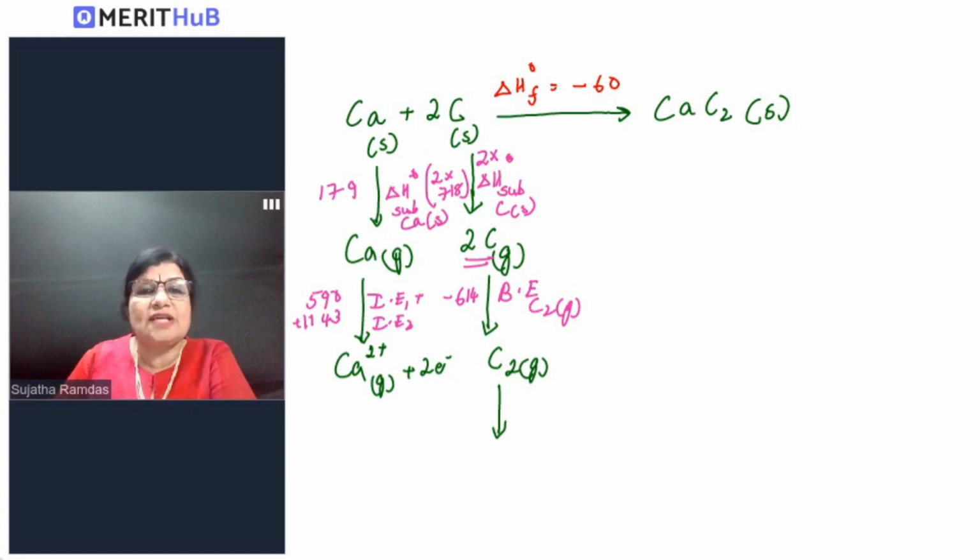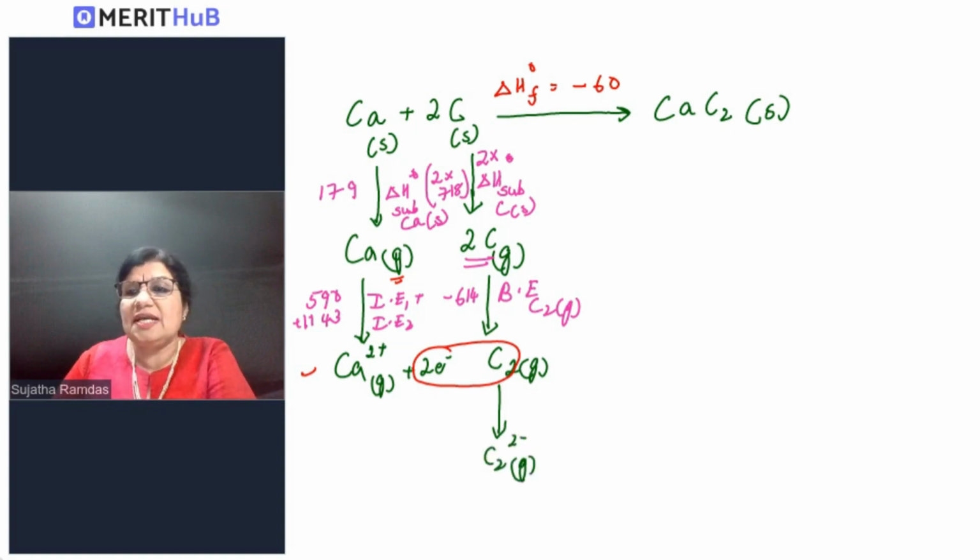Those two electrons are already made available during the loss of electrons from gaseous calcium atom to form gaseous calcium ion. Right? So here again, this will be shown as one step where you get C2 2 minus gaseous. It occurs in two steps, EA1 plus EA2.